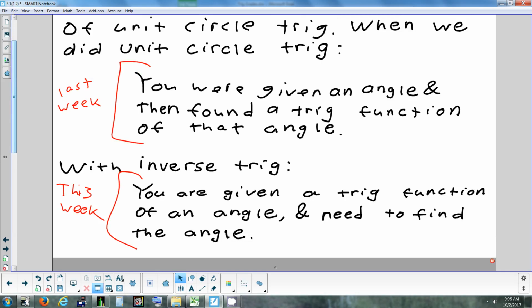So the point with inverse trig is to find an angle. That's what inverse trig does. It gives you an angle. So eventually we're going to get to problems like this, and I'll ask you, what are the other two angles in that triangle?